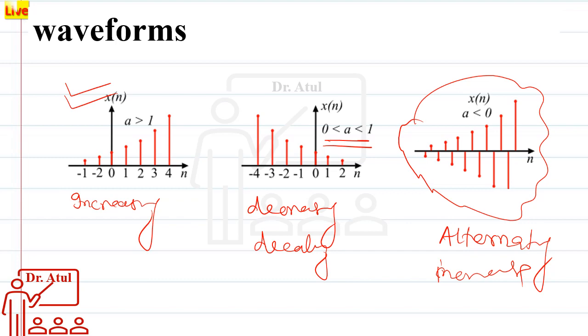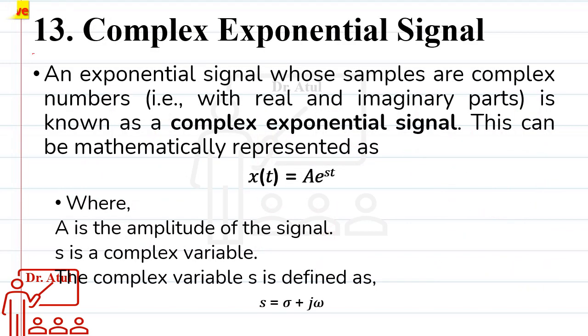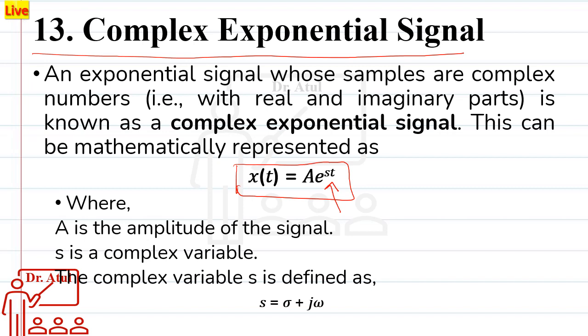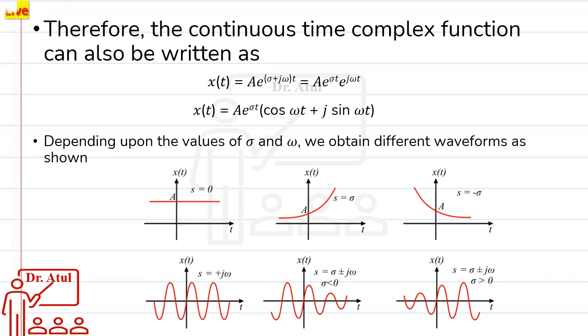Okay, next one is complex exponential signal. If the signal is complex, then instead of alpha t it will be s t. So A e to the power s t, where s is a complex variable, s equal to sigma plus j omega. This is called a complex exponential signal. It can be written as e to the power sigma t times e to the power j omega t, and e to the power j omega t is cos omega t plus j sin omega t.